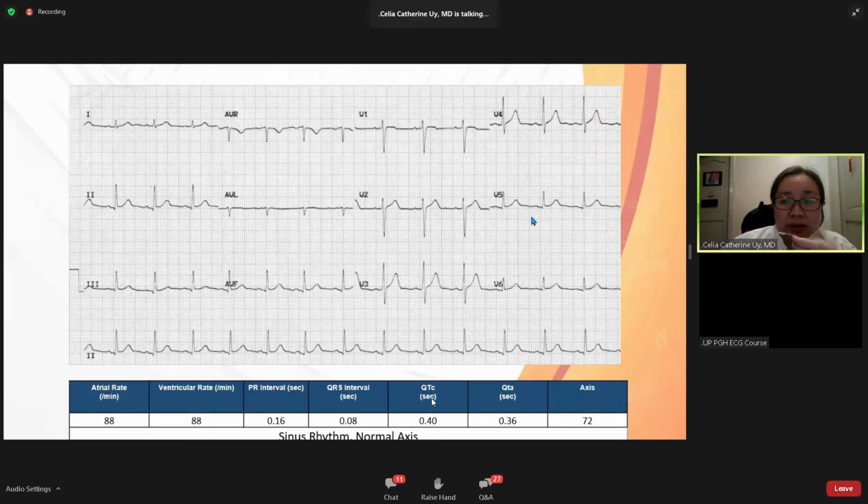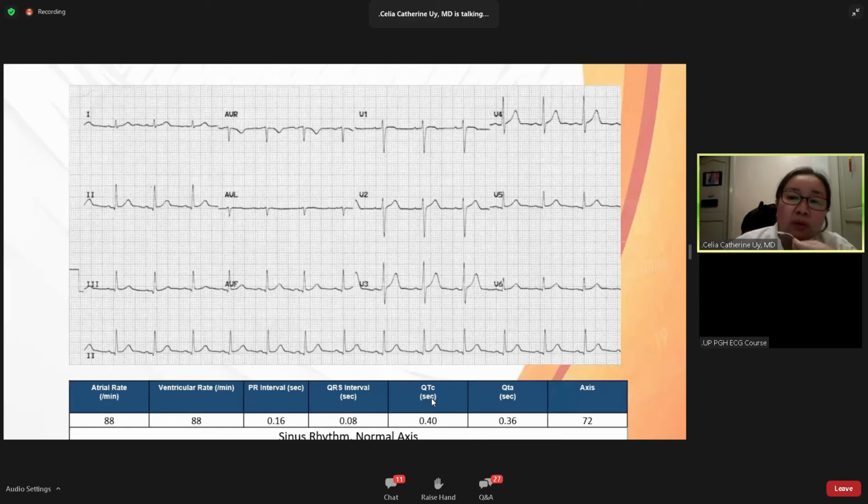So here again was the ECG we just looked at. The stem of the question already gave you how many small squares are in between your two R waves, and that was 17.